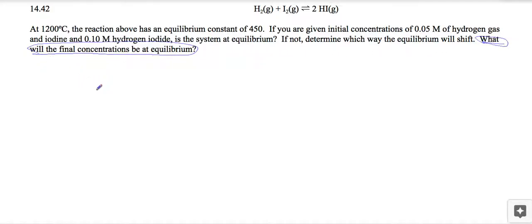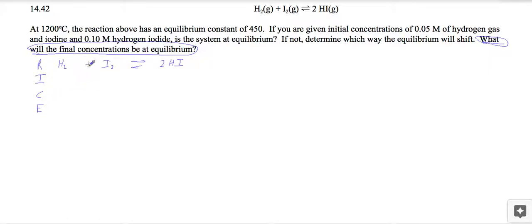So this is why I like to do ice tables every single time, because sometimes I don't read the entire problem before I start the work. And in this case, because of that last line, I'm going to need my ice table.